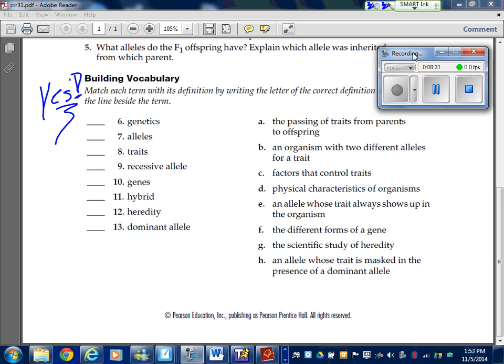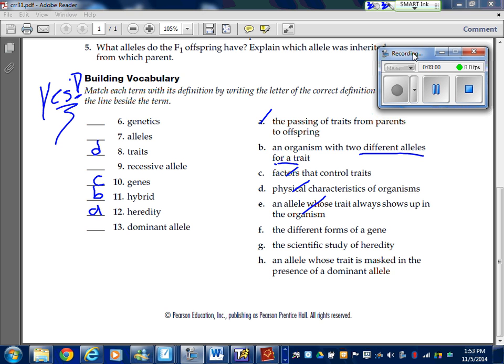All right. I think the easiest way to do this is backwards like this. The passing of traits from parent to offspring is heredity. An organism with two different alleles for a trait: hybrid. Factors that control traits: genes. Physical characteristics of an organism: traits.